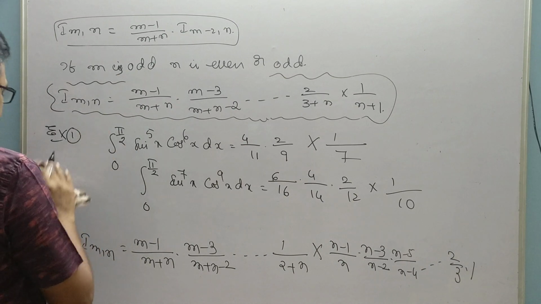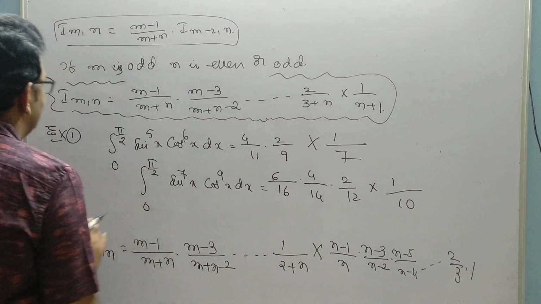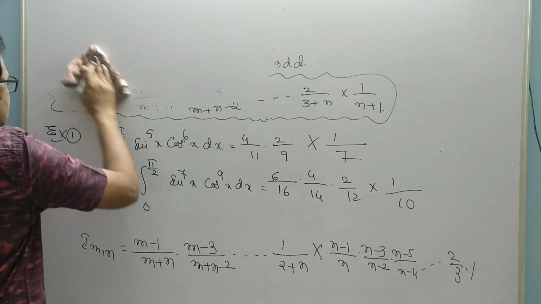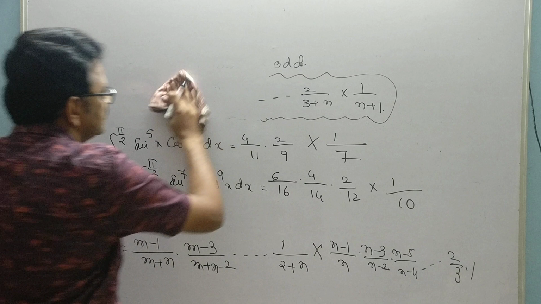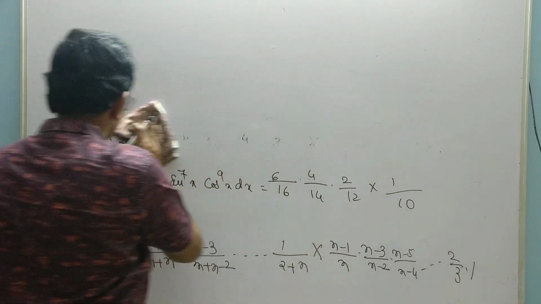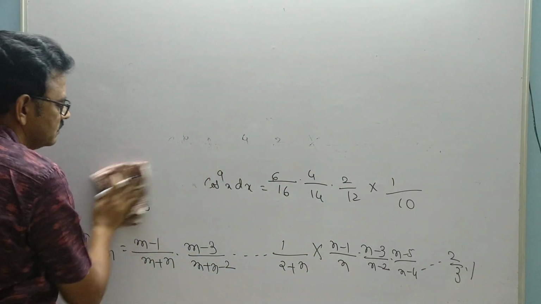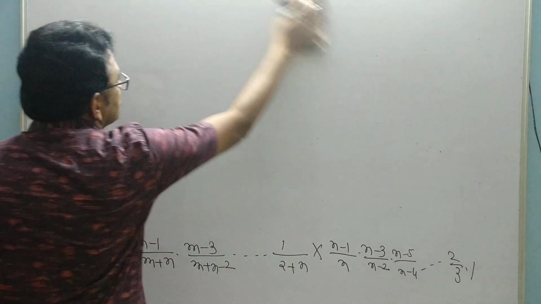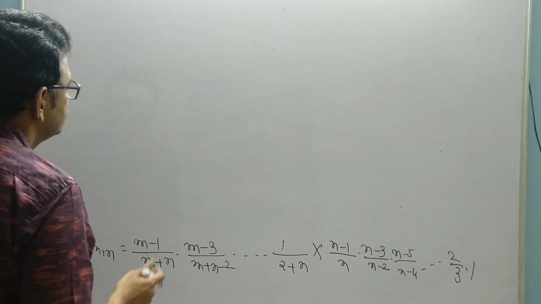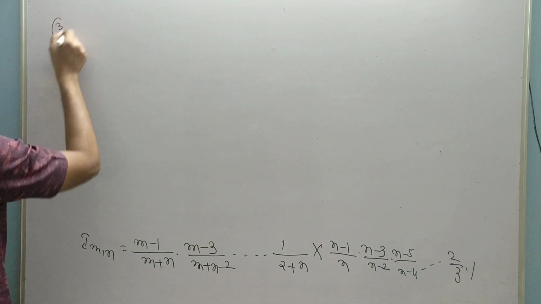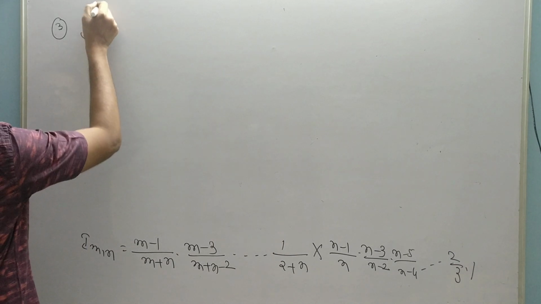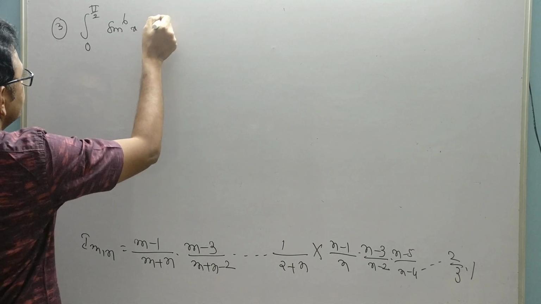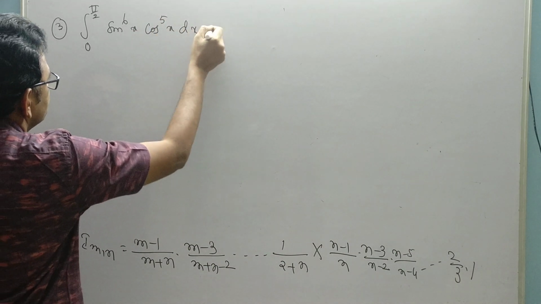Okay, now we do some problems. If this is even, example: integral 0 to pi by 2 sin power 6x into cos power 5x dx is equal to.